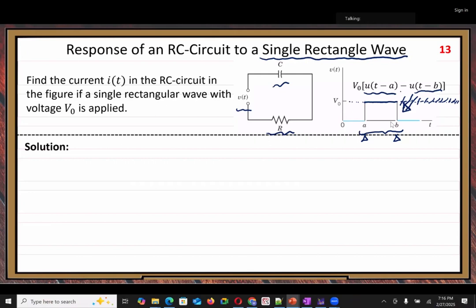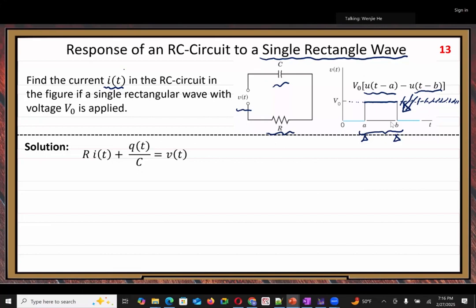R part, C part, R times little i of t. We can use little i. Some of you may wonder, because before we used capital I to represent current, right? But here, why do people like to change from capital I to little i?